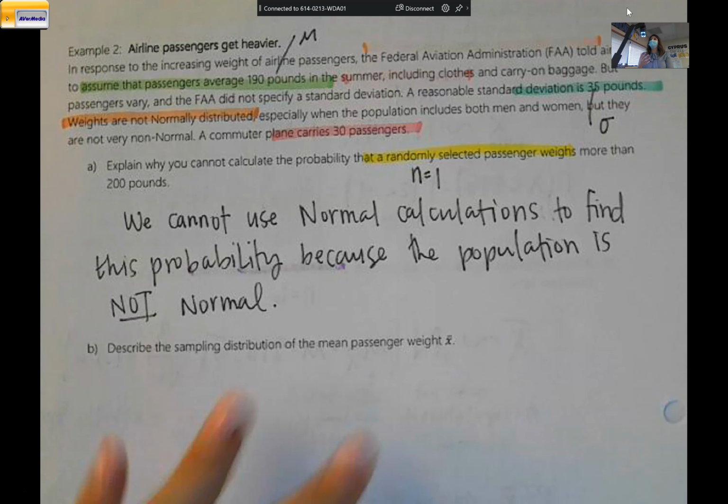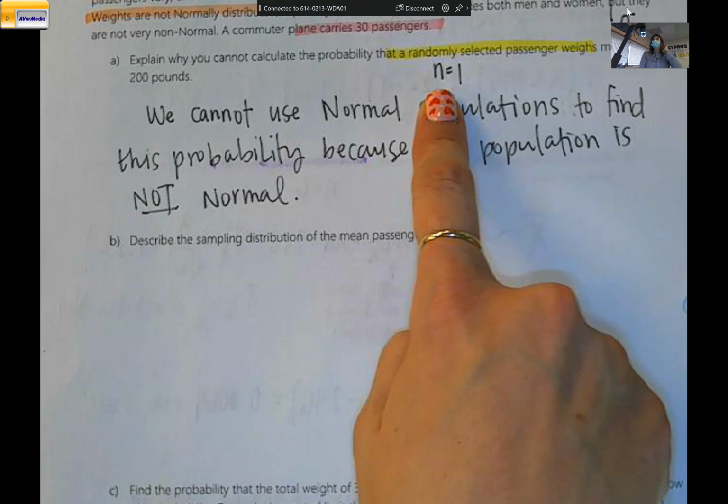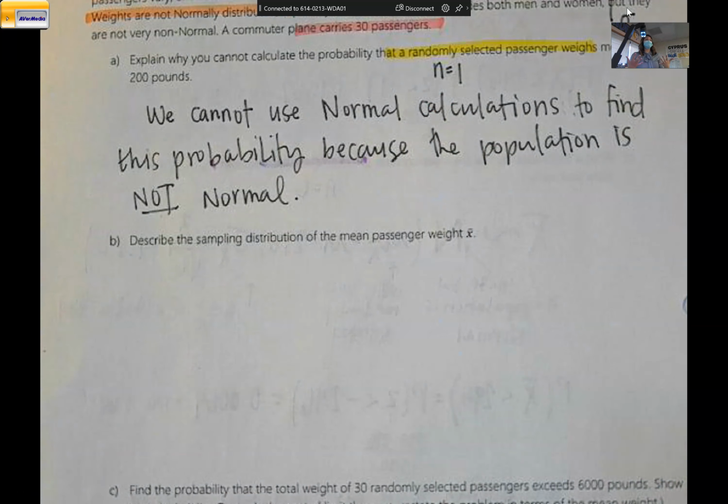Okay, well now let's say we take a sample. So instead of just looking at one passenger, what happens if we decide to take a sample of passengers and find their average?